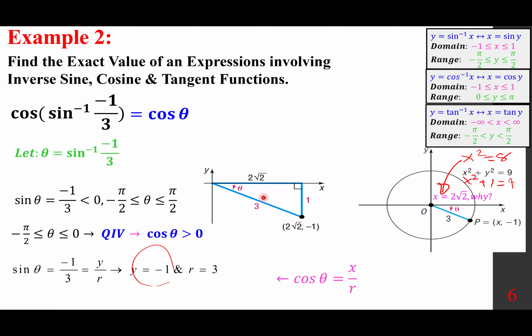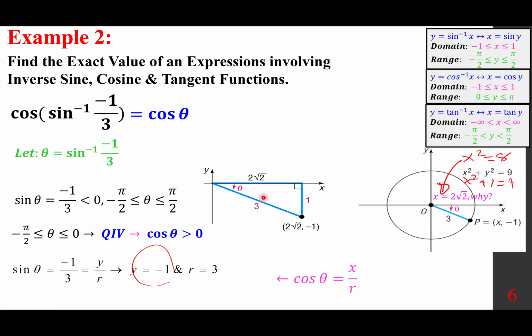And because we are dealing with cosine inverse, then it's between 0 and pi. That means the first and the second quadrant. In the first quadrant, cosine is positive. Because this is negative, it has to be the second quadrant, in which tan is also negative.